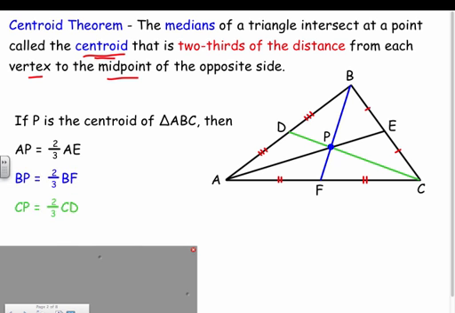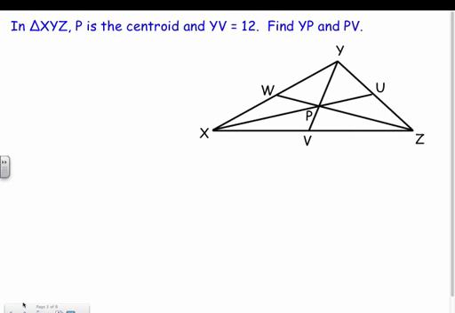With the blue one, BP is 2/3 of BF all the way across, and CP, from the vertex to the centroid, remember we're always looking from the vertex first, is 2/3 of the whole thing. Medians go to the middle, the opposite midpoint. So median middles, and they make the centroid right in the center.